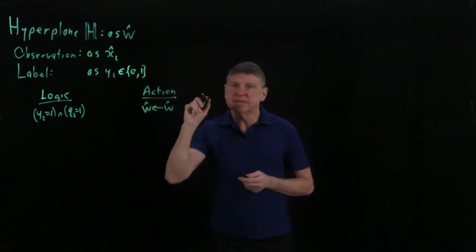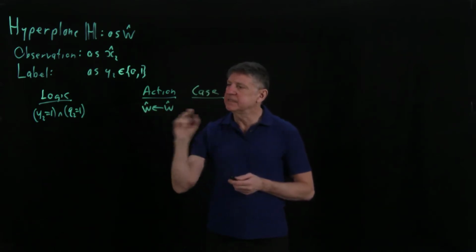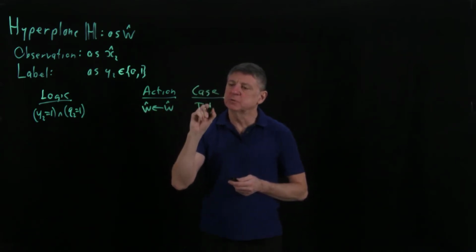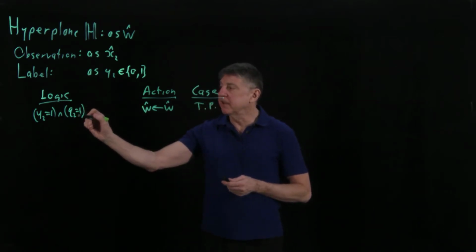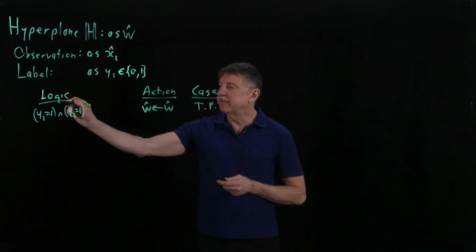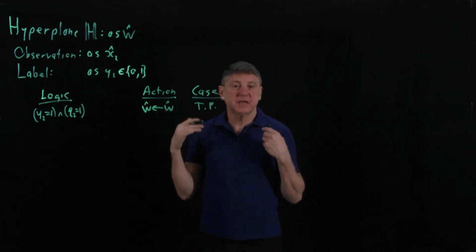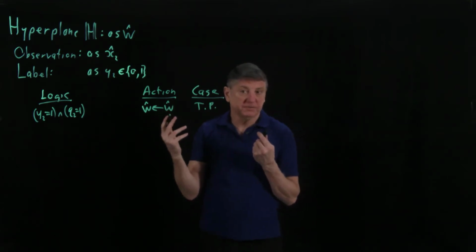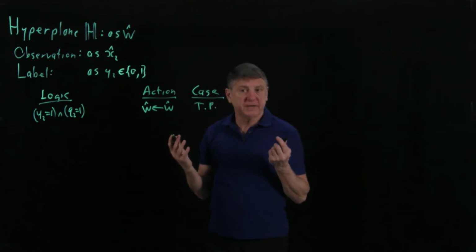And let's call this the case. What case is this? Well, this is a true positive. We have classified the data as 1, the data have a label of 1, and in a true positive we don't want to do anything.